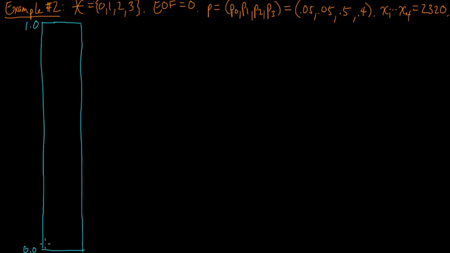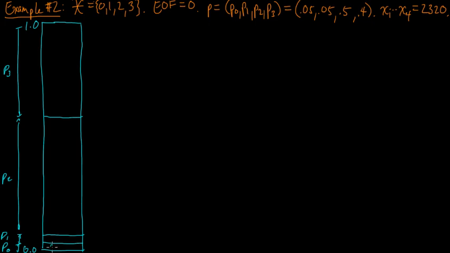So we have a little tiny 0.05 part, a 0.05 part, a 0.5 part and a 0.4 part. The first little chunk has height P0, the next chunk has height P1, then P2 and P3, just like before.